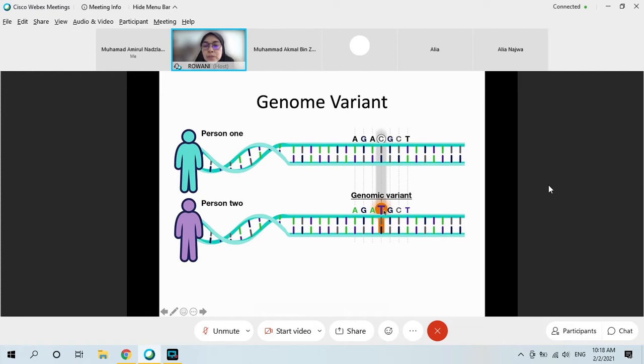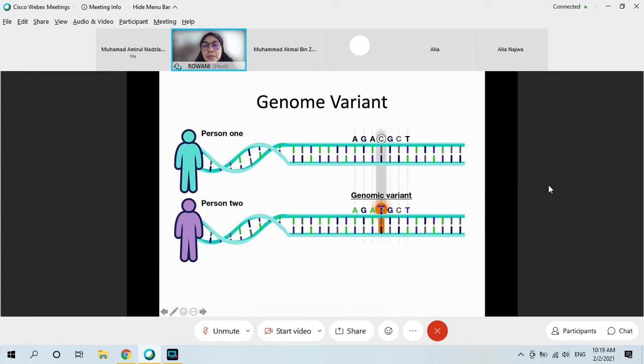Whether it is pathogenic or not depends on the function of this gene, and whether it changes the structure of the protein that it is supposed to code. There are various other factors that determine pathogenicity.